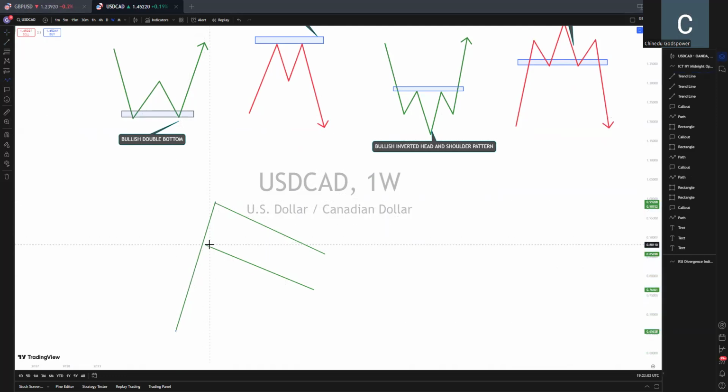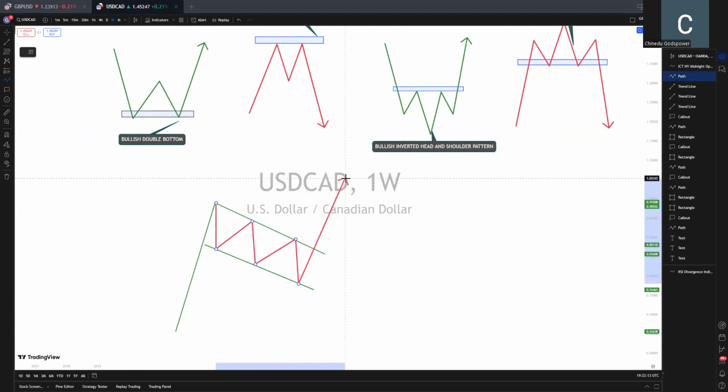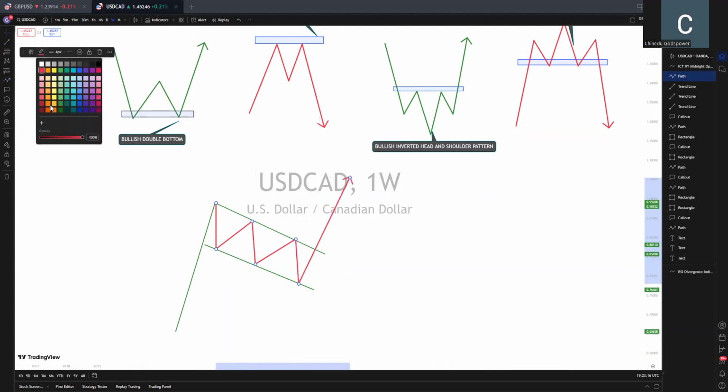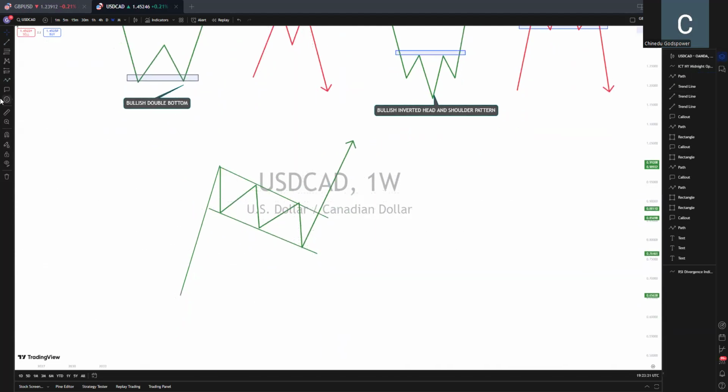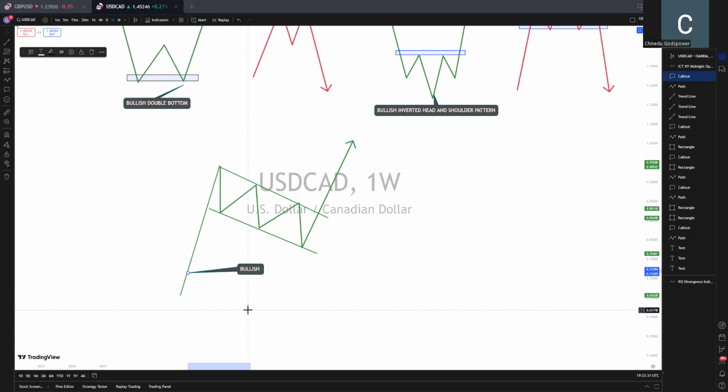Then you have the price coming in like this, 2, 3, 4, 5. Boom. Change it green because it is bullish. Then call this the bullish flag pattern.